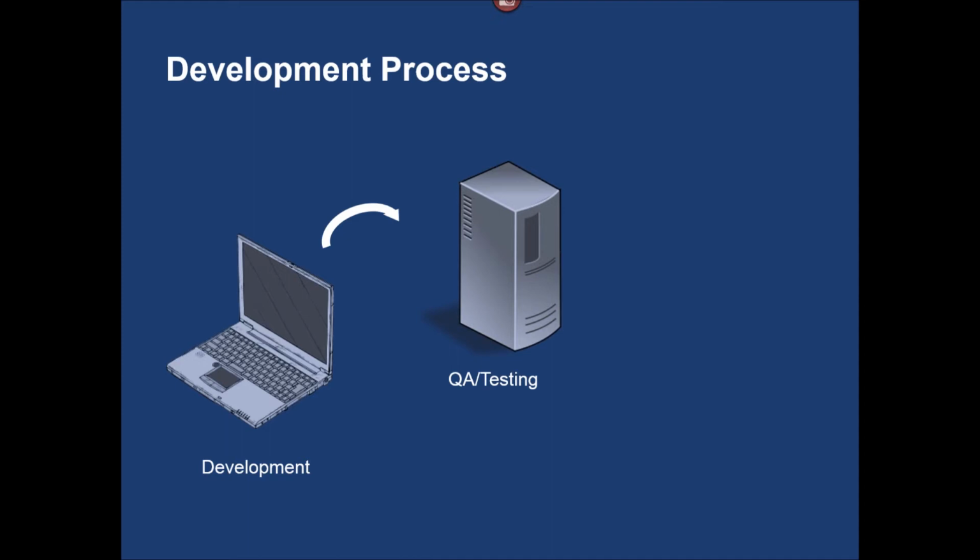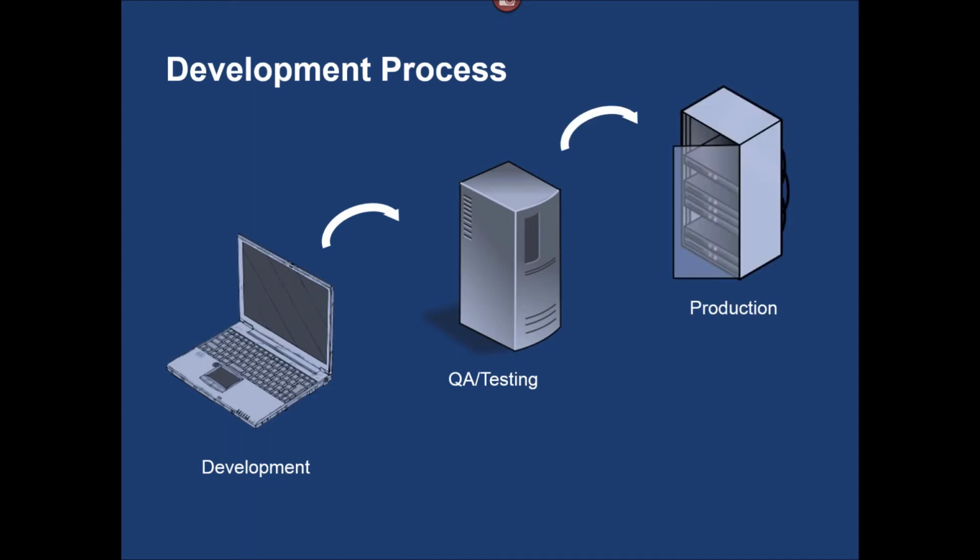If there are problems, it goes back to development, developers fix things, and then do another deployment to QA, and on it goes. At some point, we say, yep, this stuff is good enough, and then off it goes to production.